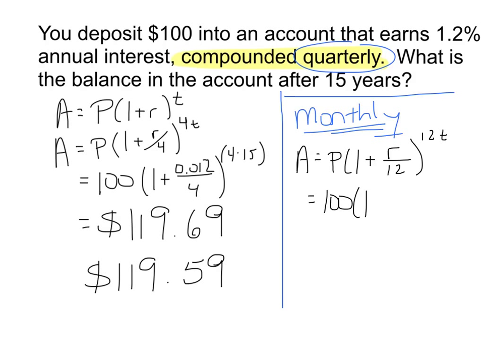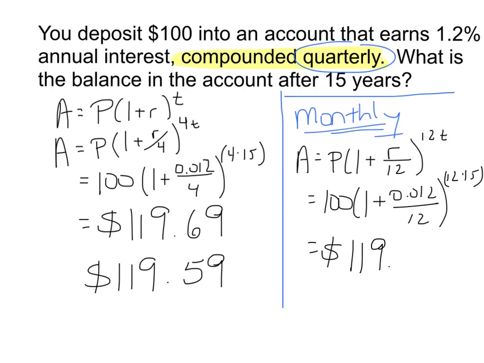So that would be 100, 1 plus 0.012 over 12 to the 12 times 15. And that's going to give us 119.71.